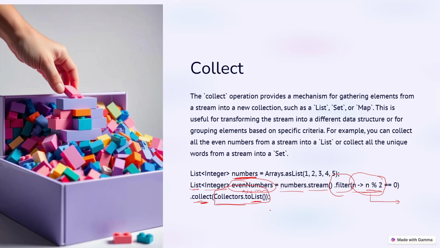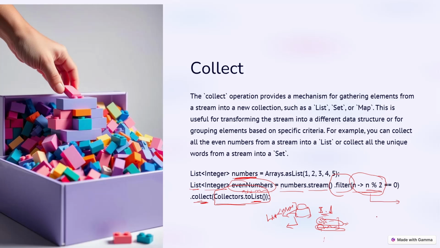Let's say we are getting a list of users from the database. Say it's a bank application: you have savings account users and current account users. You need only the savings account users, or only the current account users.